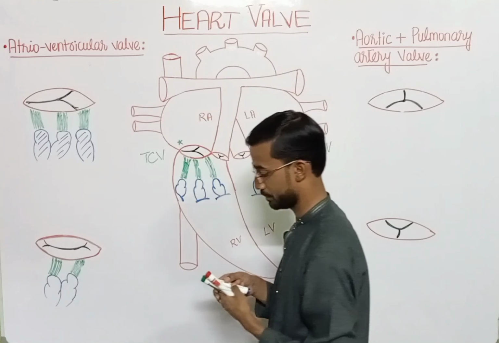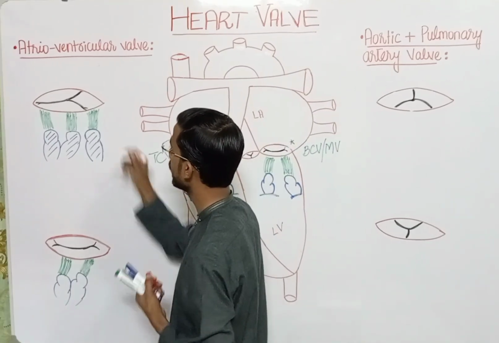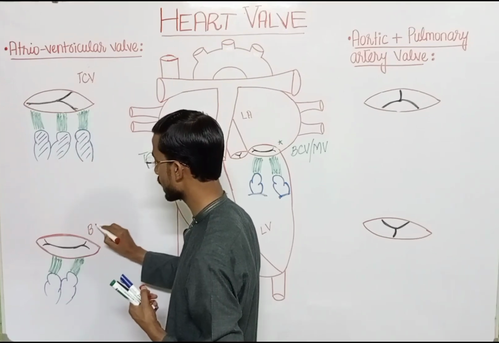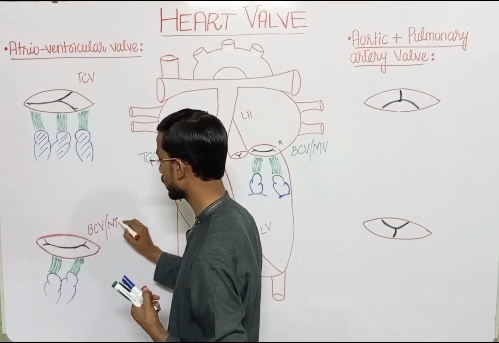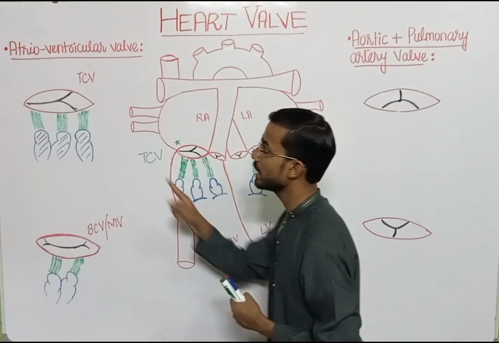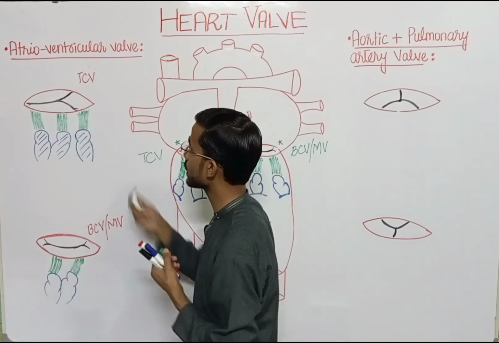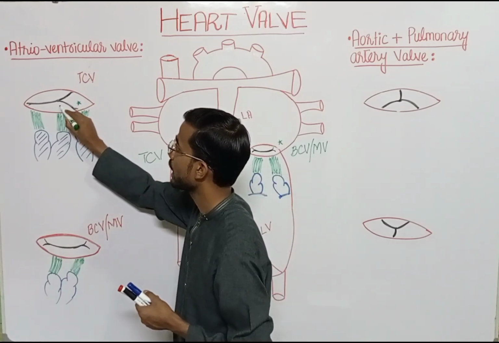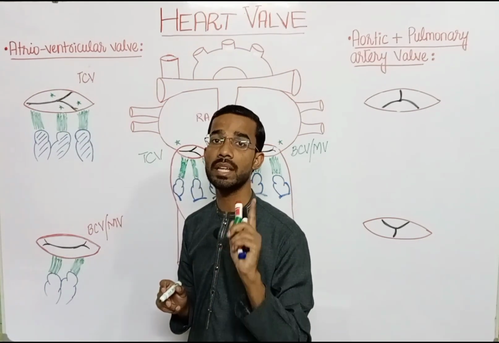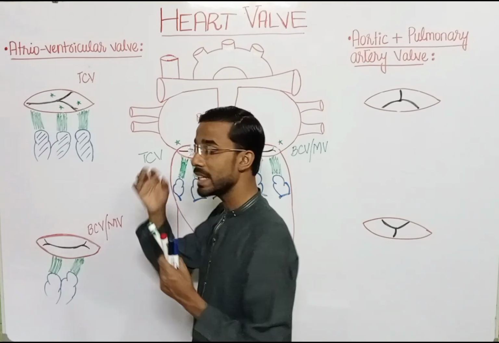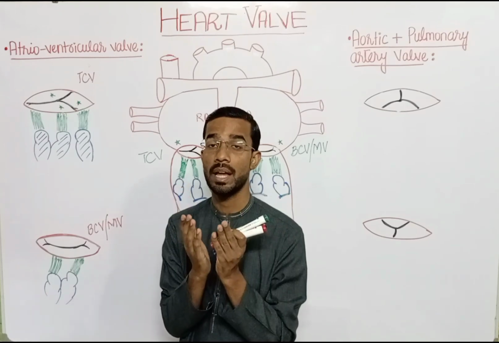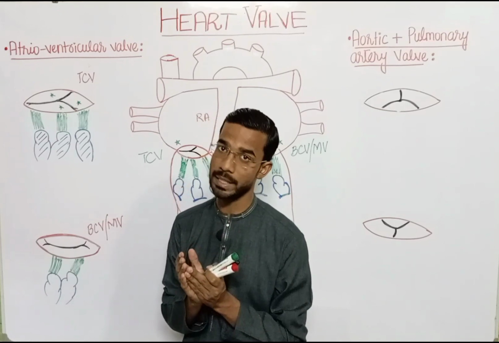If you see here, this is the structure of the tricuspid valve and this is the bicuspid valve, or you can say mitral valve. Now, the tricuspid valve consists of three cusps, or you can say leaflets, and each cusp is attached to a tuft of fibers, and those fibers are called chordae tendineae.